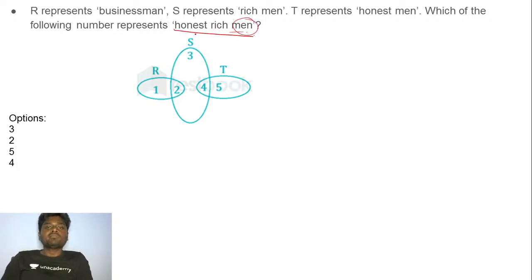We know that S represents rich women and T represents honest, and R represents businessman. So if that is the case, what's going to be the right answer for this?